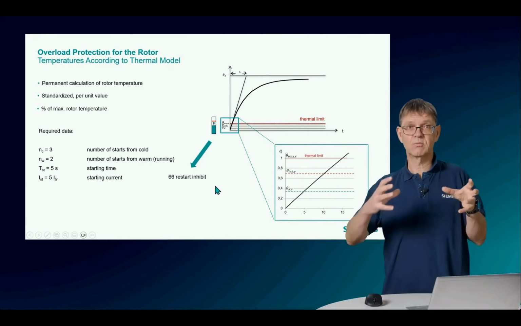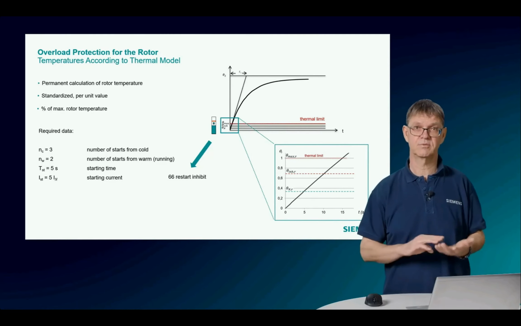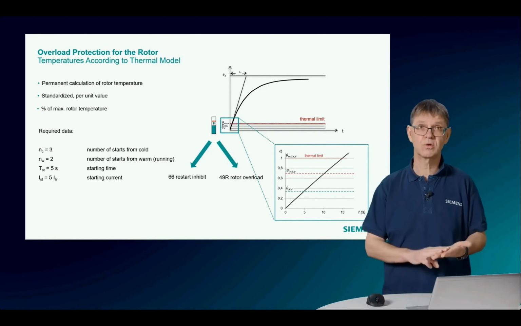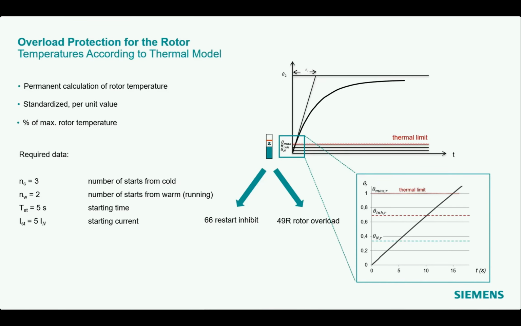And from this thermal model for the rotor, we get the restart inhibit function and also an additional function called rotor overload protection. The rotor overload protection takes the actual temperature, and if this reaches the value 1, the maximum value, then it will give a tripping command. Whereas the restart inhibit function does not allow a start of the motor if the temperature is too high.